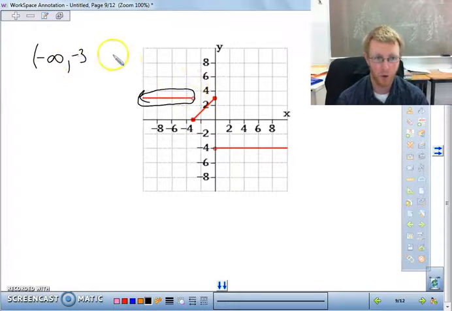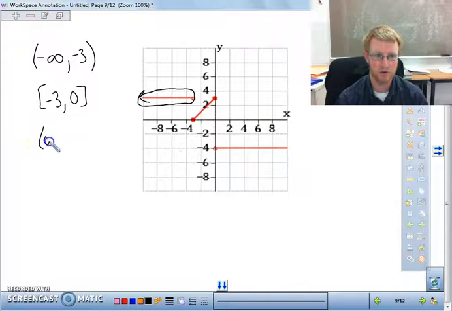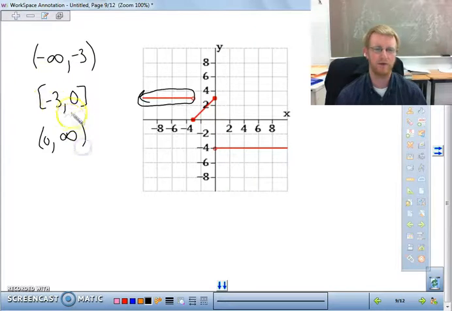And there's an open hole there, so that is not included. The next interval right here is from negative 3, which is included, to 0, which is included. And then our last part of our function is from 0, which is not included, to positive infinity. And you know that infinity and negative infinity are never included.